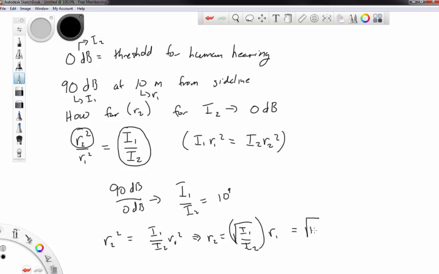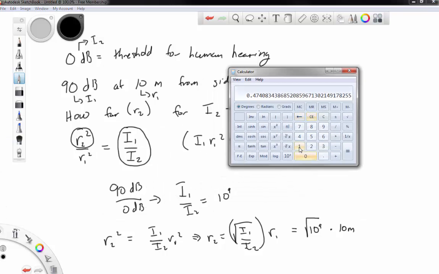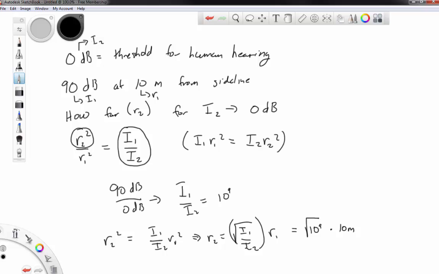So this is the square root of 10 to the 9th times 10 meters. Let's see what we get when we plug that in. To put in 10 to the 9th on my calculator, I put in 9, 10 to the x. So here's 10 to the 9. I take a square root, I multiply by 10, and I get that you can still hear it 316,000 meters away.